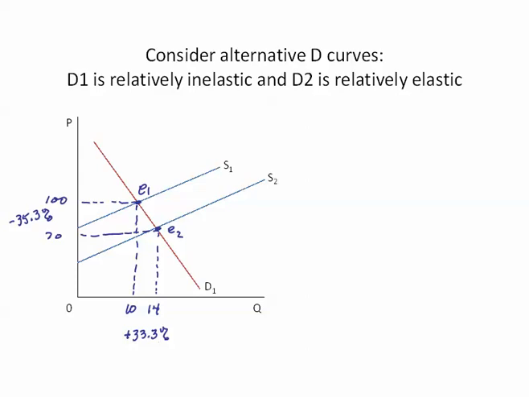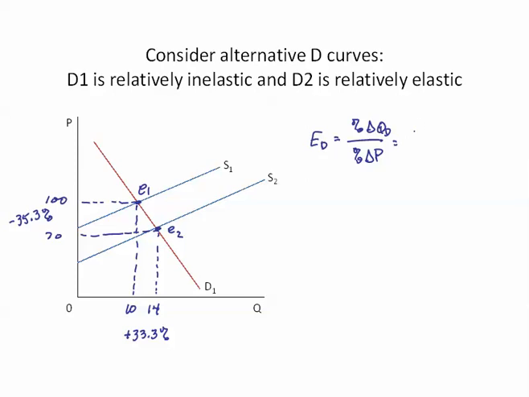So price has fallen by 35%, but business has gone up, the quantity demanded has gone up by 33. So using our elasticity of demand formula, ignoring the negative sign here, we have the percentage change in quantity demanded over the percentage change in price.